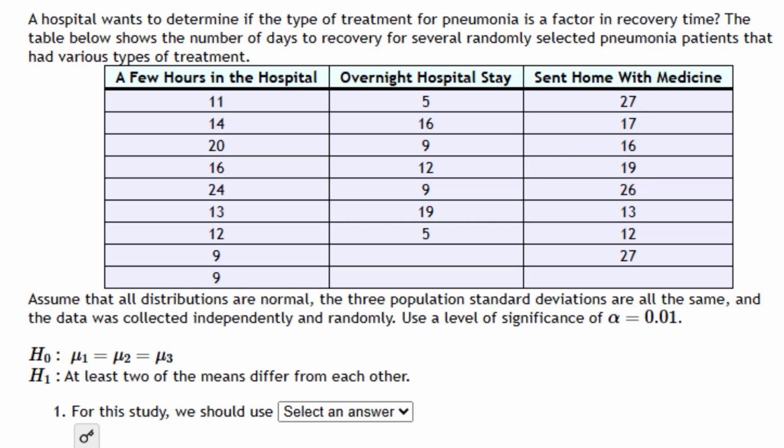And then the alternative hypothesis is always that at least one of them is different. The way this one is worded is it says at least two of the means differ from each other. That's just another way of saying they can't all be the same, right? If one of them differs, it differs from at least one other mean.